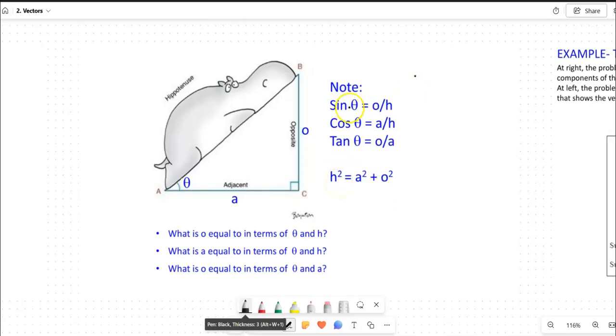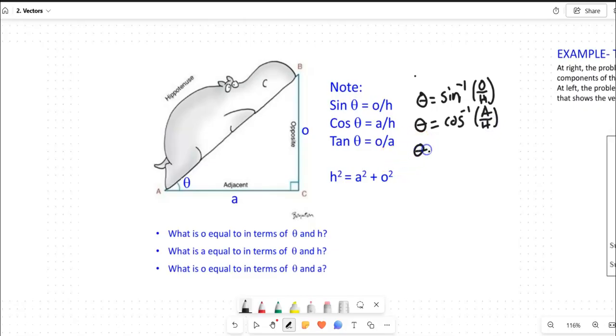If you need to take the inverse to find theta using sine, theta is going to be equal to the inverse sine of opposite over hypotenuse. Cosine is going to be adjacent over hypotenuse.